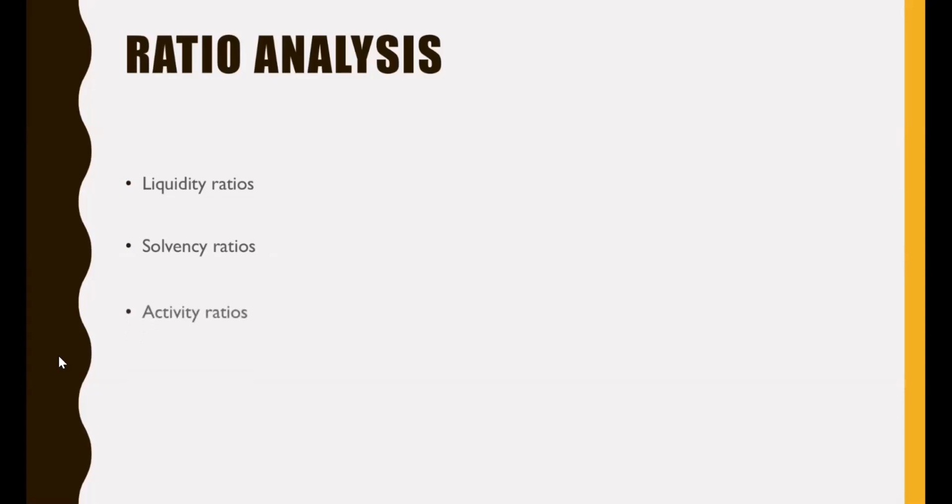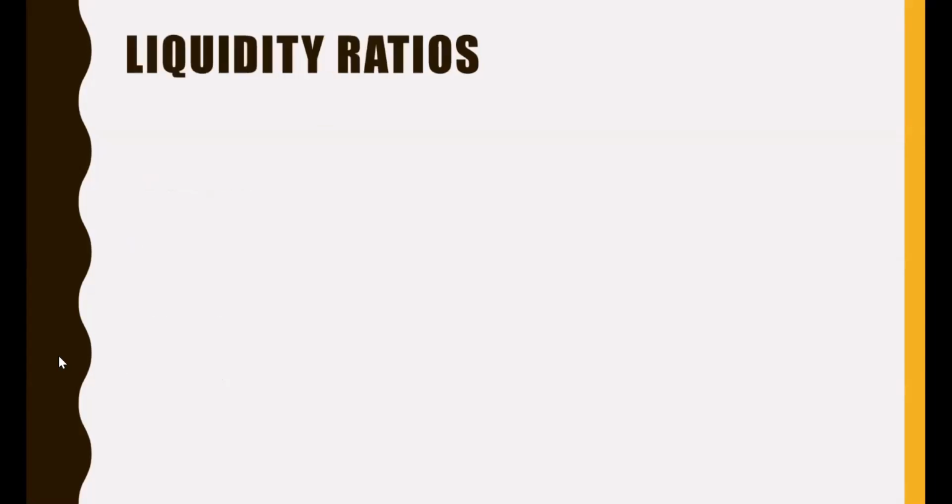Then activity ratios measure the ability of the company to efficiently use its resources. And lastly, profitability ratios measure the earning ability of the company. Although there are other ratios that may be discussed in FS analysis, we are going to focus first on these four. So let's proceed to liquidity ratios.